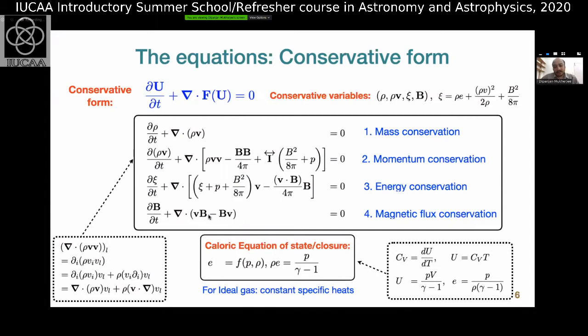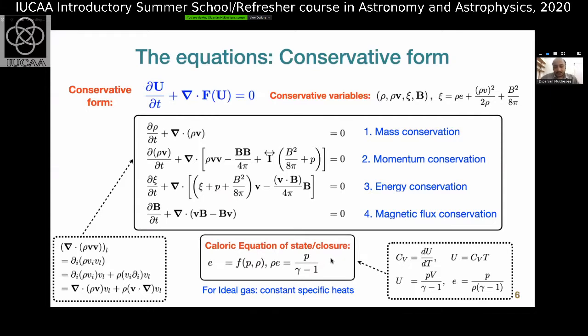Now, all of these equations are actually underdetermined, and we need one more condition to solve them. That is called the equation of state. What we usually assume in this kind of fluid dynamics is the caloric equation of state, which relates the internal energy to the pressure and the density, as rho e equals the pressure divided by gamma minus 1, where gamma is the specific heat ratio.